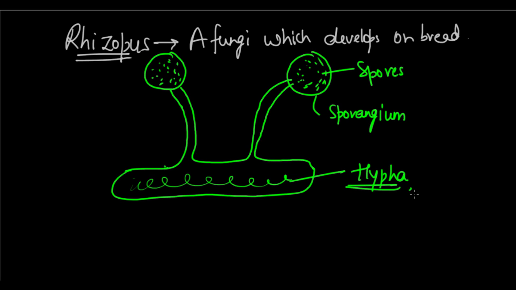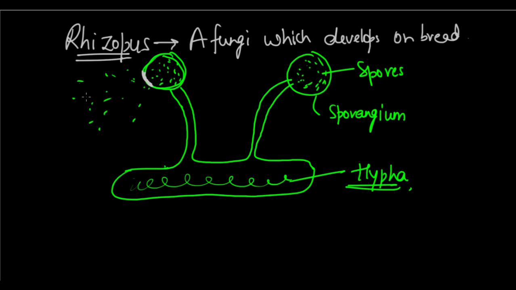Now basically what happens is this bread mold develops in hot and humid conditions, and at a point after its development, these sporangia, which contain spores, tend to burst, or tend to open up. Due to the opening up of these sporangia, these spores escape out.